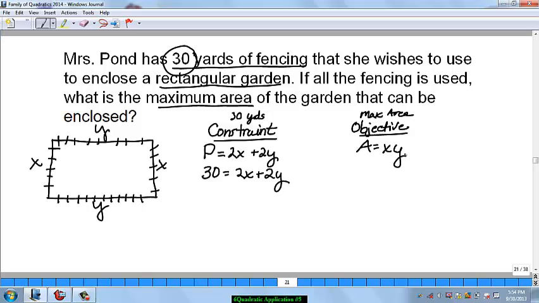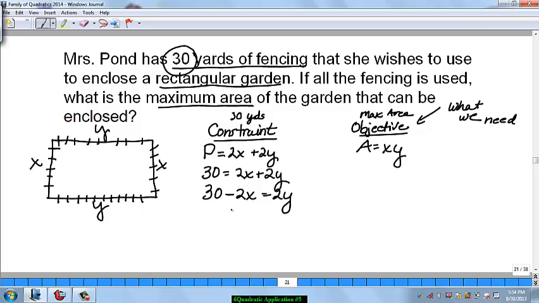Now, in order to find this objective, or what we want, we have to basically make sure the constraint's in there. So I'm going to take this, solve it for a variable. Now I'll solve for y just because we're used to doing that. So if I subtract 2x on one side, I have 30 minus 2x equals 2y.